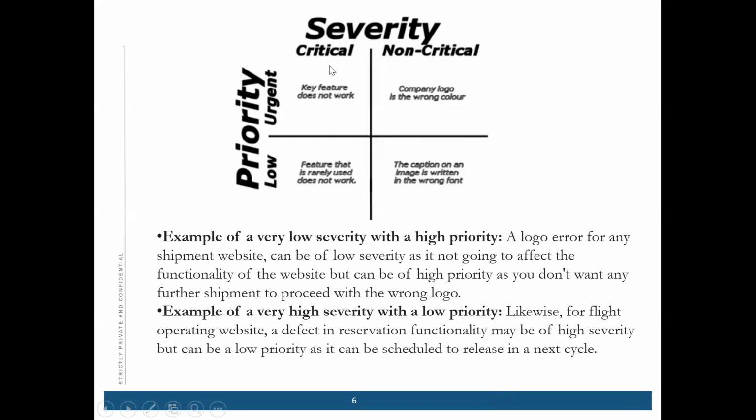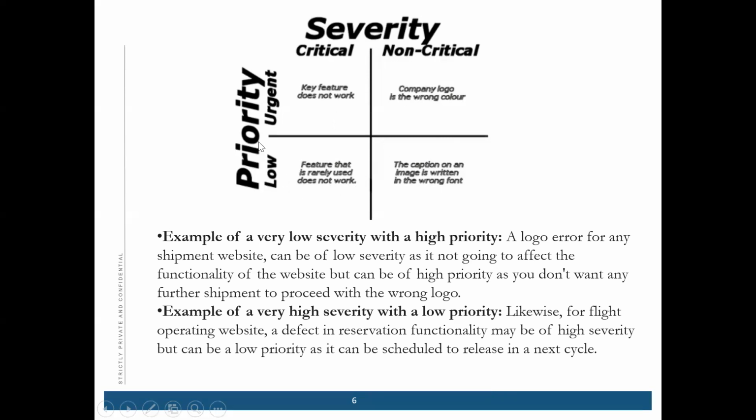Low priority and high severity means a feature that is rarely used and it is not working. So that's why it is a low priority, but it is a critical severity. Why? Because it takes time to resolve that feature, so it will be high severity.